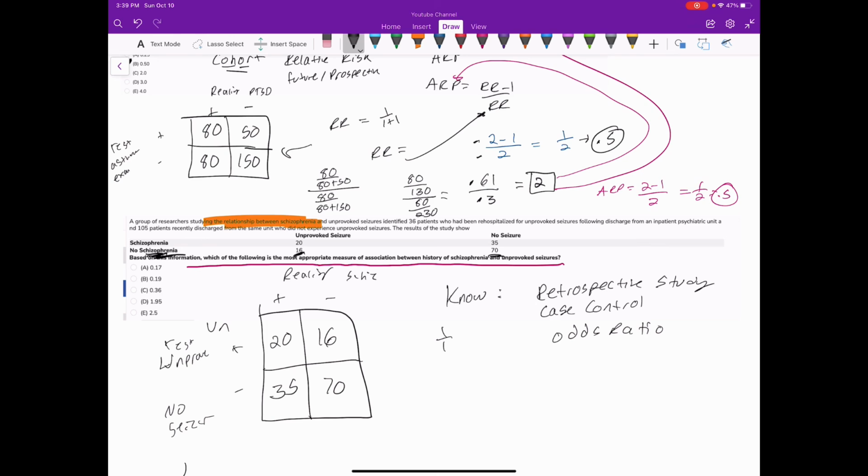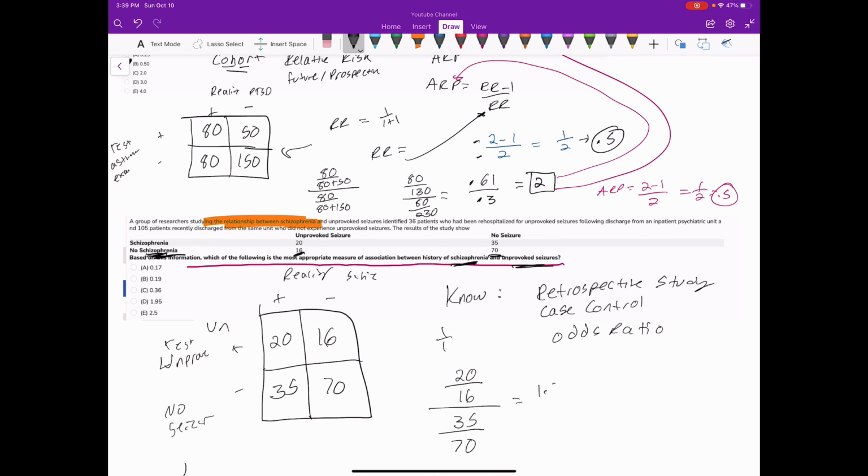Well, we have to do schizophrenia and unprovoked seizures. All right. How can we do this? What are we testing for? So we're going to go 20 over 16 over 35 over 70. Looks weird, but let's just do it on the calculator just to be safe. 20 over 16 is going to give us 1.25.